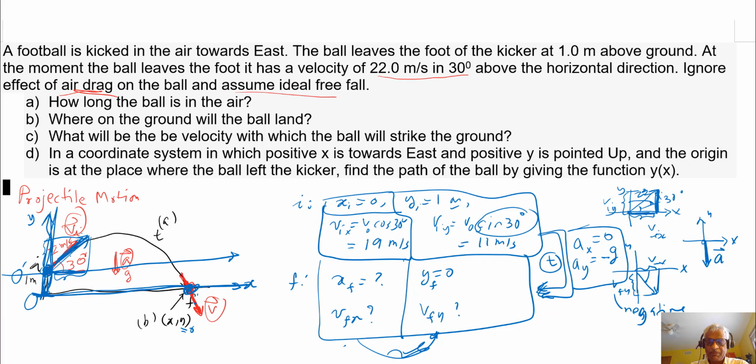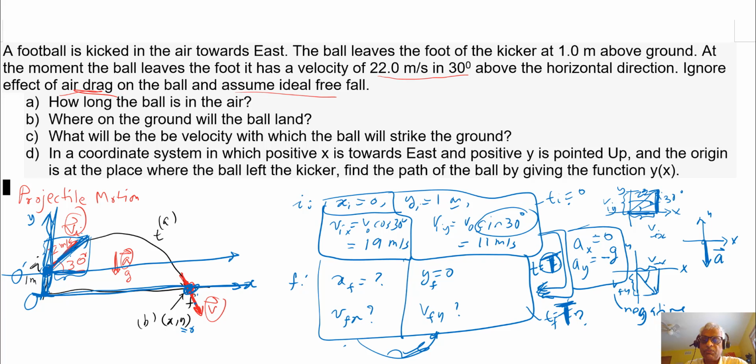Although you will see that B requires you to go to this question, because we already know this one. So let's do the Y only first. Do Y first.